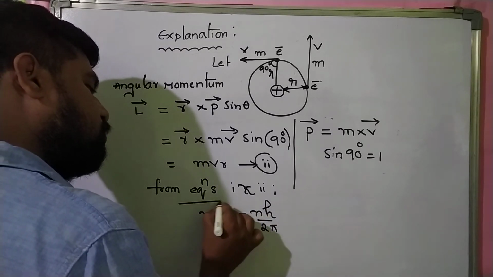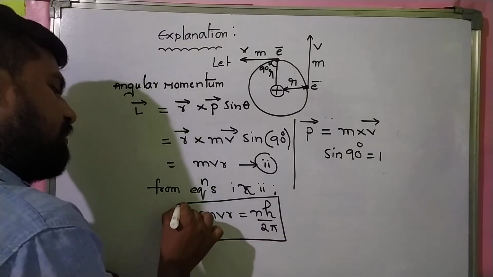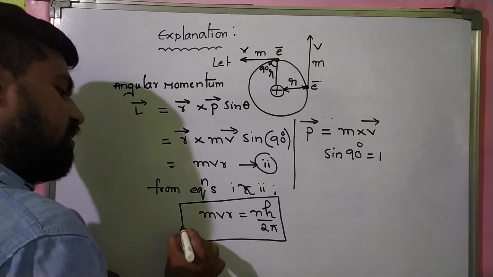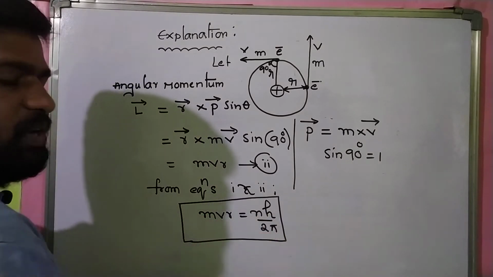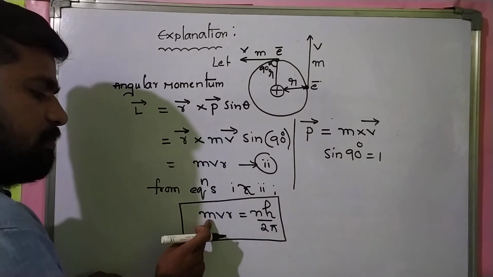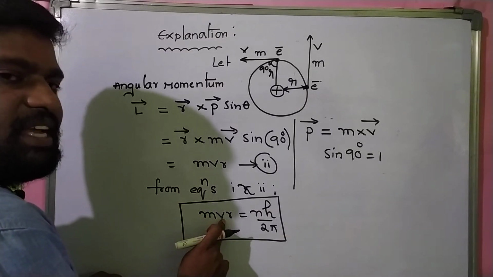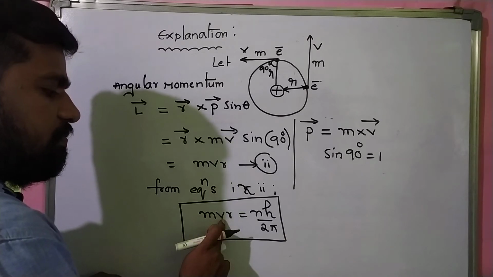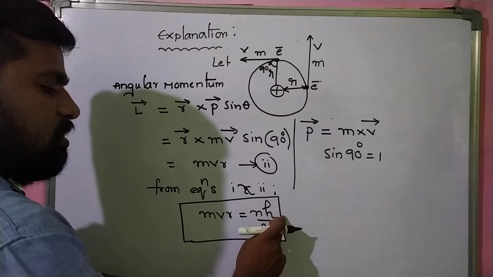So this is the most important mathematical expression for the orbital angular momentum of the electron. mvr equal to nh by 2 pi, where m equal to mass of the electron, v equal to tangential velocity of the electron, r is the radius, h equal to Planck's constant.